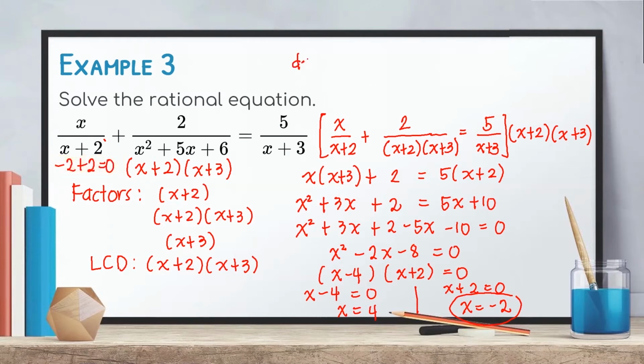Remember that denominator cannot be equal to 0 because it will become undefined. For that case, it means that negative 2 is an extraneous root, and therefore, the final answer is x equals 4.